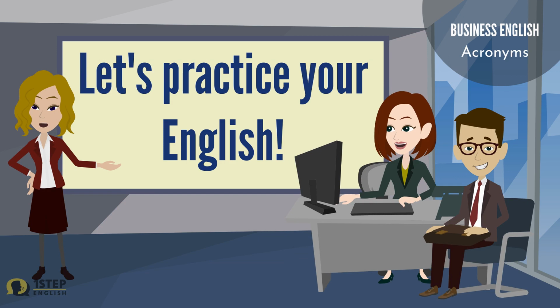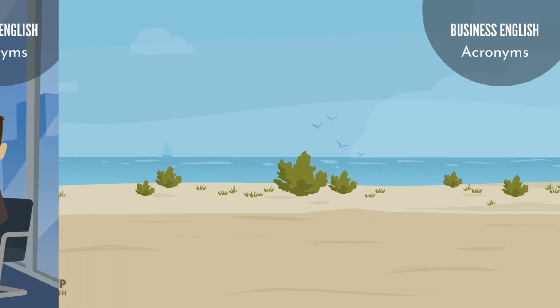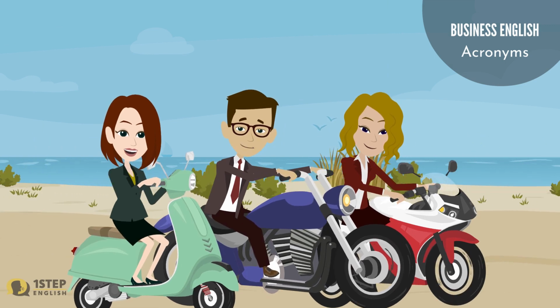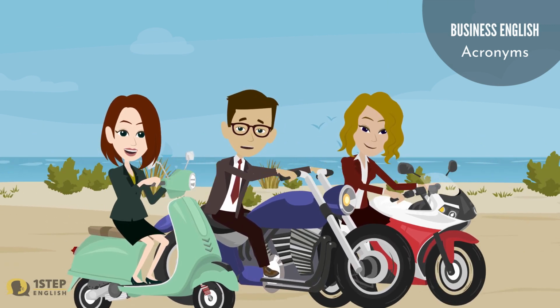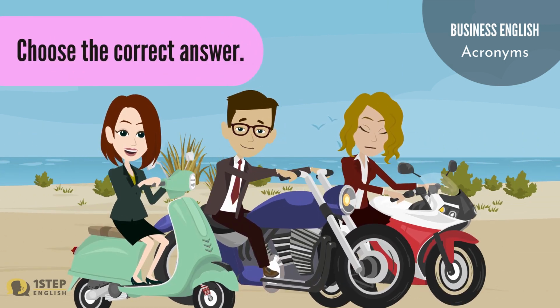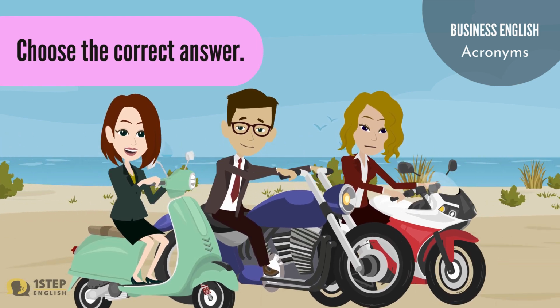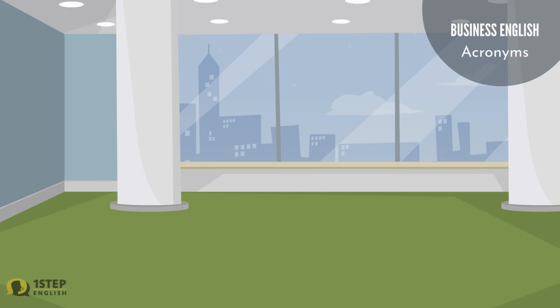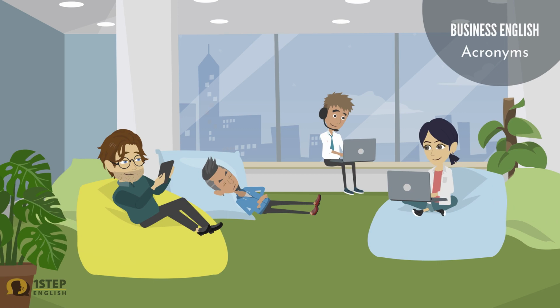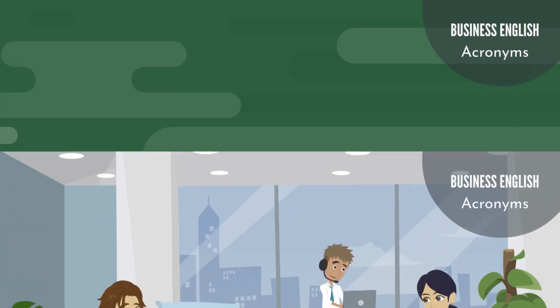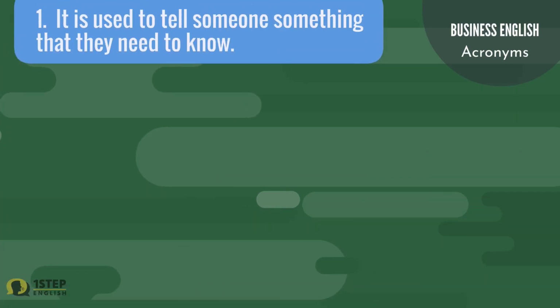Let's practice your English. Ready your pen and paper, then try to answer the exercise. Choose the correct answer. Number 1. It is used to tell someone something that they need to know.